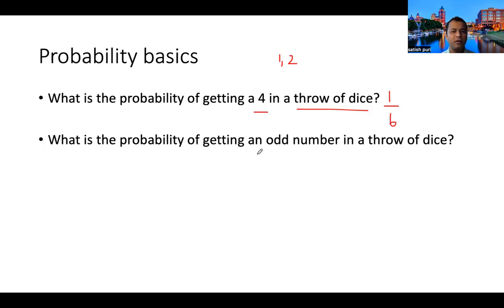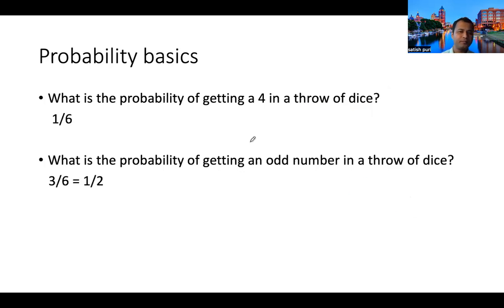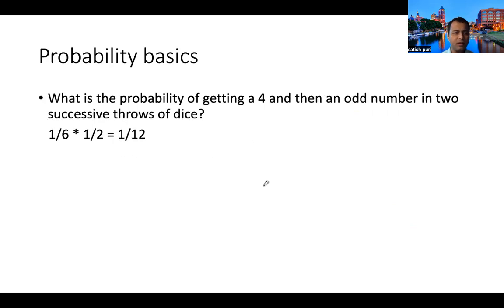What is the probability of getting an odd number in a throw of dice? In a dice, 1, 3, and 5 are odd, the rest are even. So 3 numbers are odd out of 6, and the probability is half. That's how we calculate probability. Now, there is a rule for combining 2 probabilities, like and, or, sum, or product.